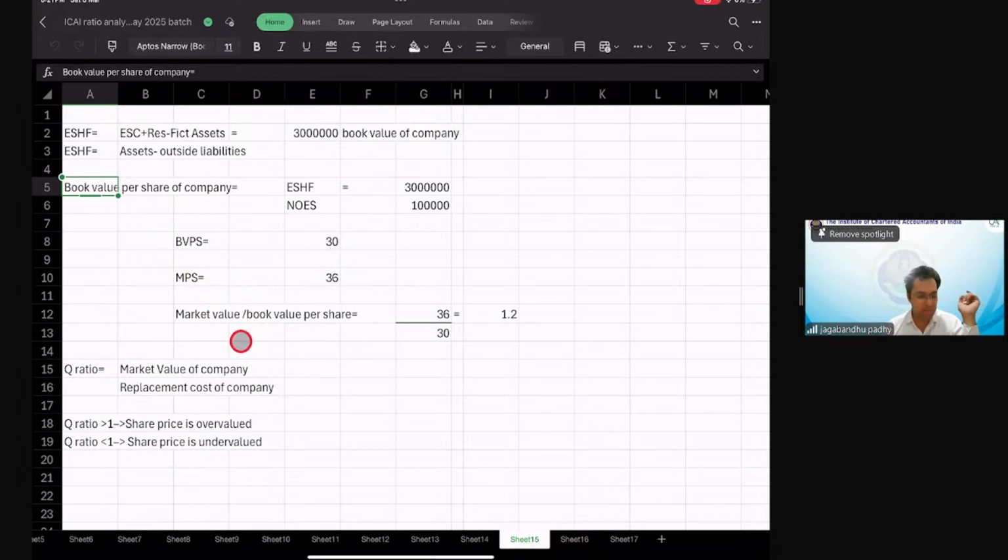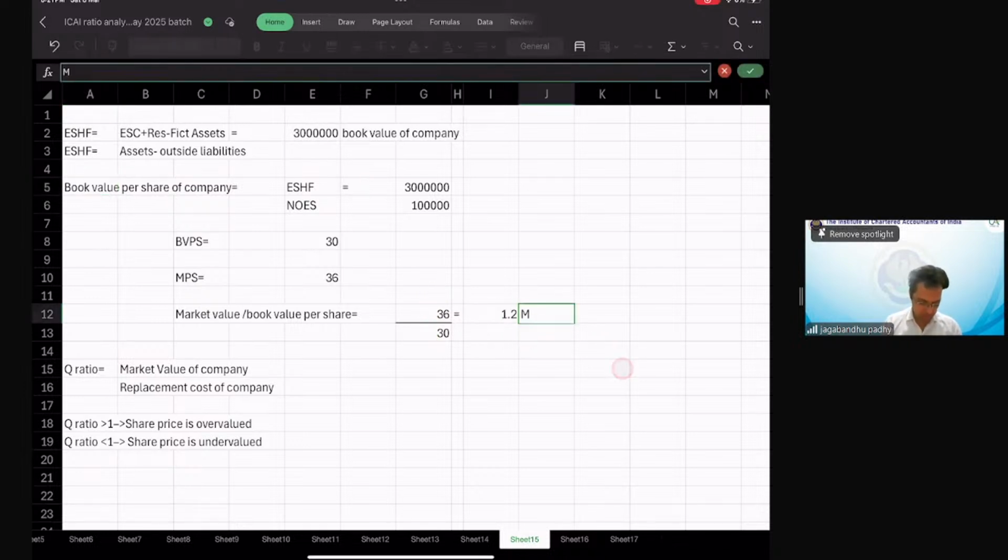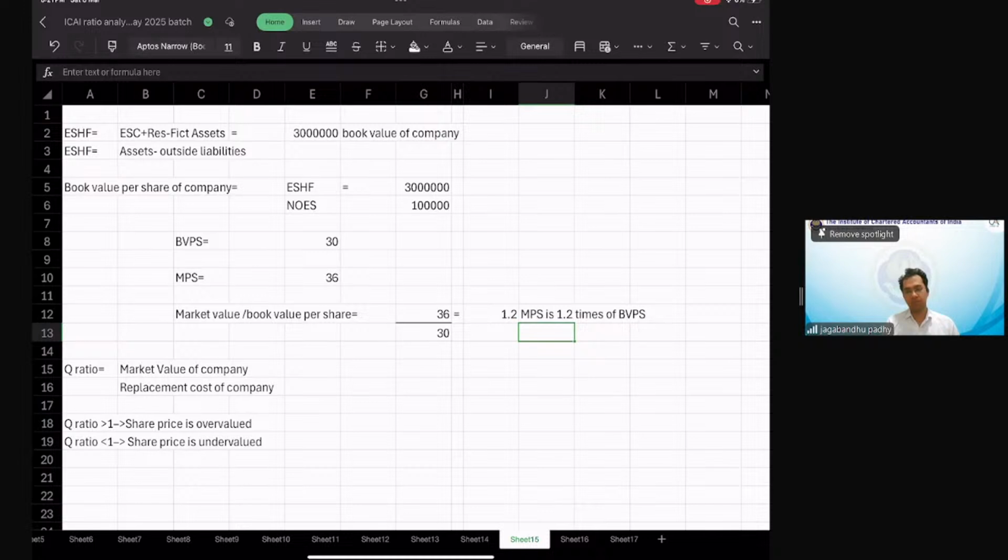So we get the market to book value per share as 36 upon 30, which is 1.2. This 1.2 means market price per share is 1.2 times the book value per share.